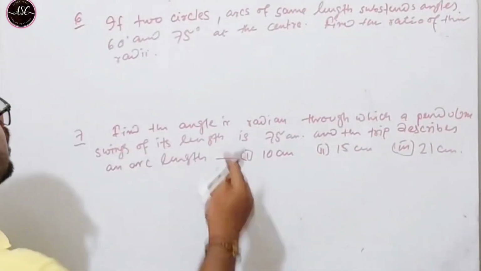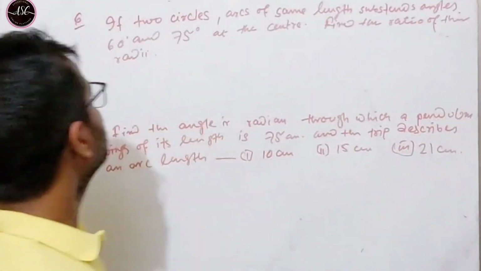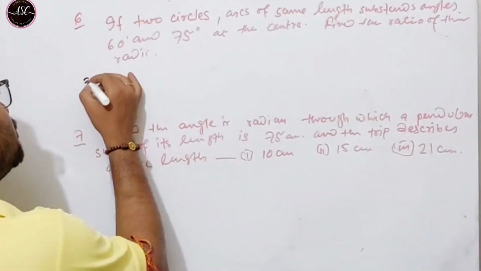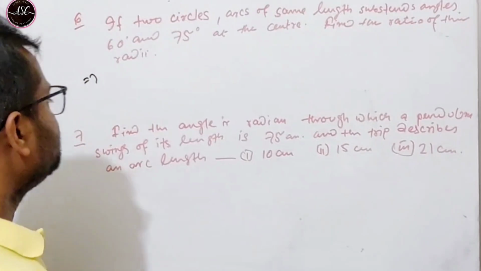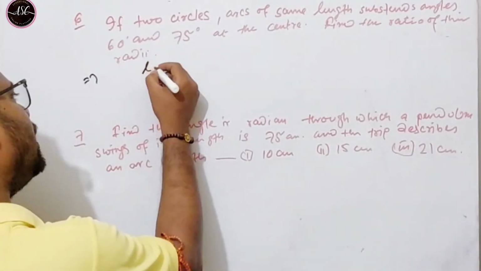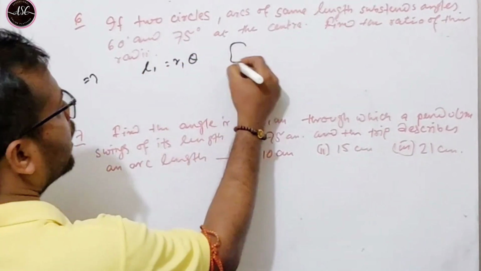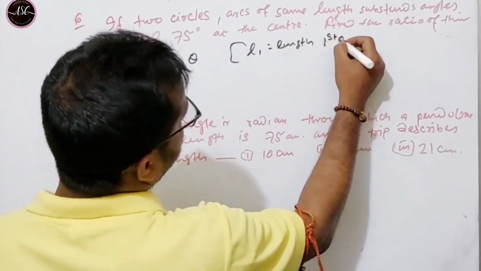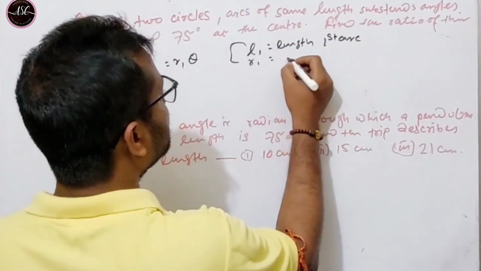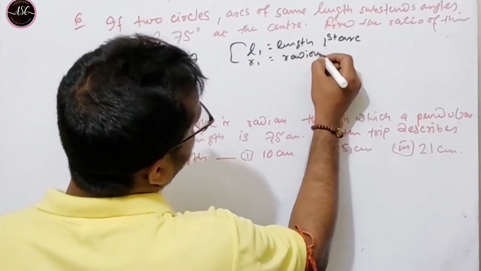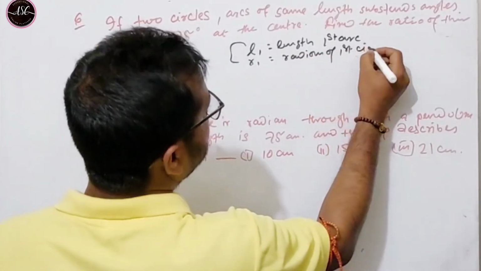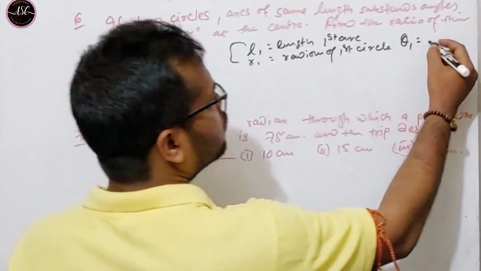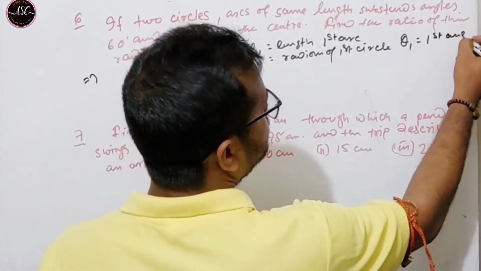Okay. Now look at this question. If two circle arcs of same length subtend angle 60 degree and 75 degree at the center, find the ratio of their radius. Previously we have done this type of problem. So L1 is equal to R1 theta 1, where L1 is the length of the first arc, R1 radius of first circle, theta 1 equal to the first angle.